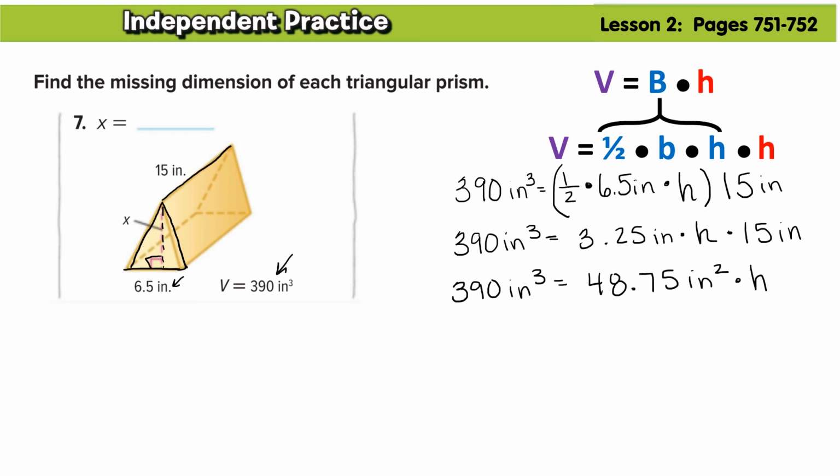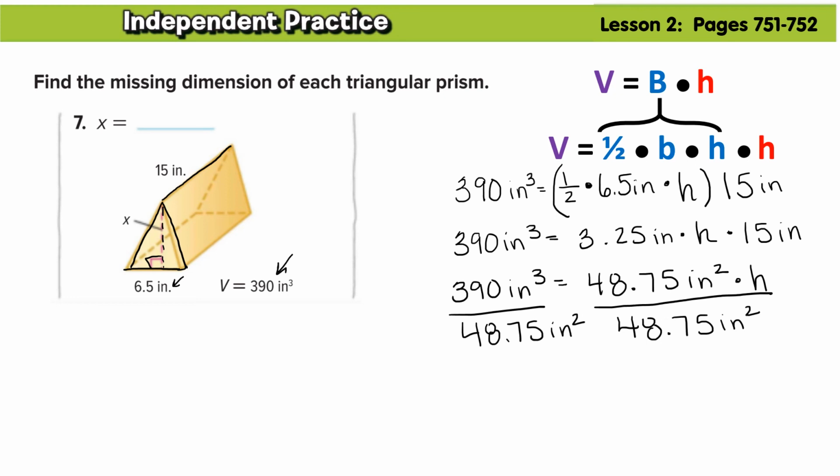Now I'm going to divide both sides by 48.75 inches squared. This cancels out on the right, which leaves me H. And then 390 divided by 48.75 actually equals 8.